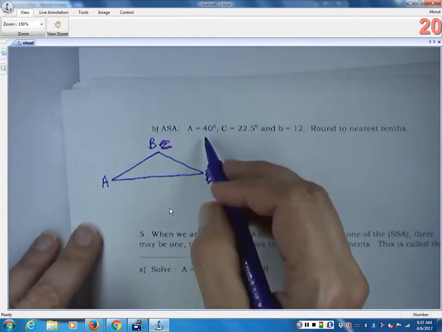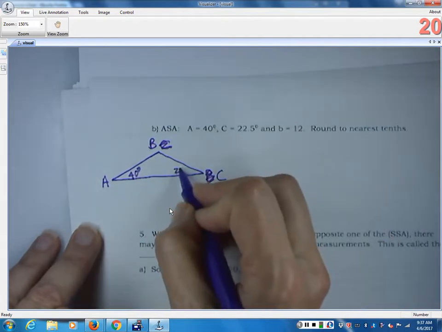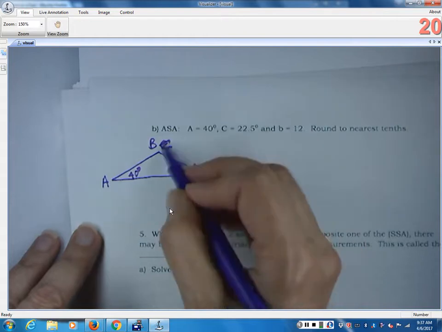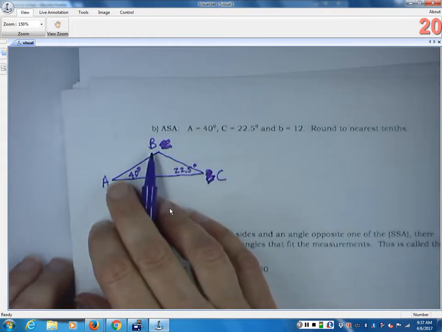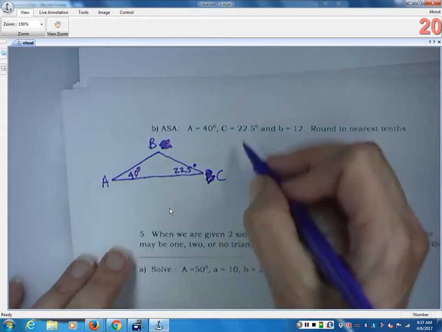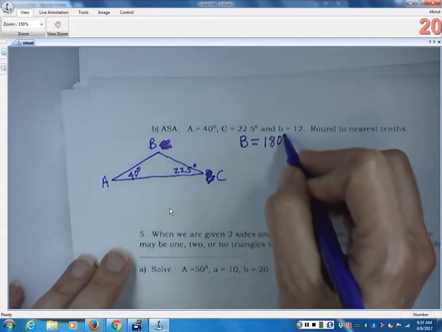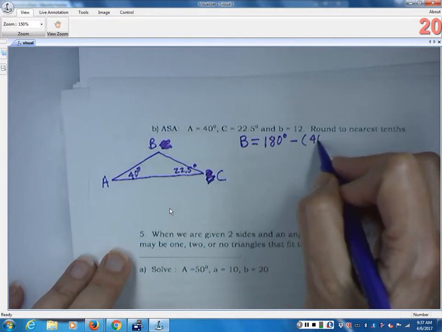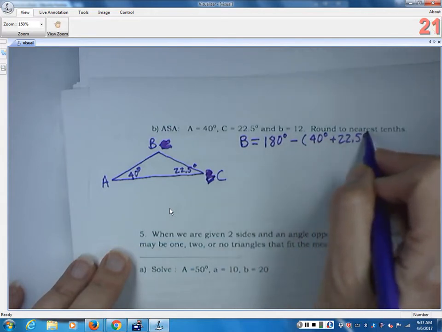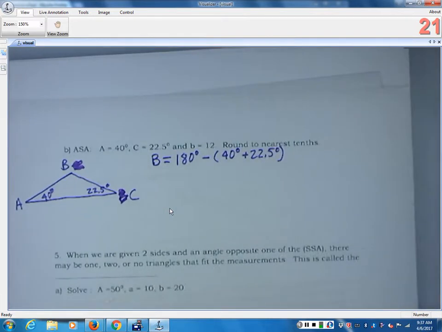A is 40, and C is 22.5, and so B has to be the obtuse angle. So again, we're going to find your angle B first. It's going to be 180 minus the sum of the other two. And if you do that calculation, you get 117.5.